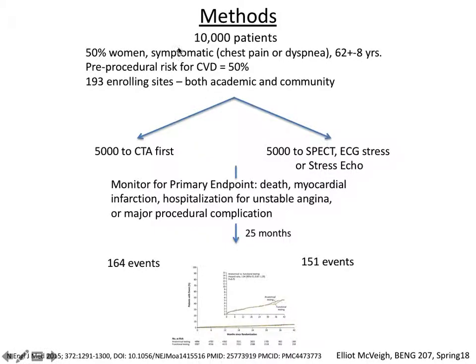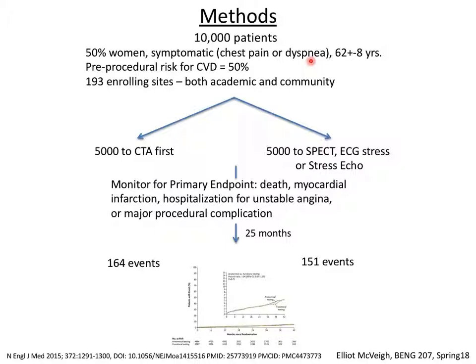The way they designed this trial, and it wasn't a cheap trial, they took 10,000 patients. They interviewed probably many more than 10,000 to get in the trial, but 10,000 went in, approximately. 50% women. They all were symptomatic, so they had chest pain or shortness of breath.